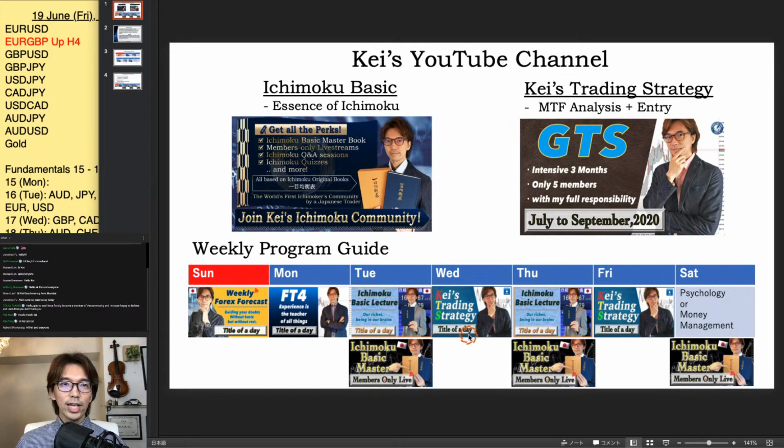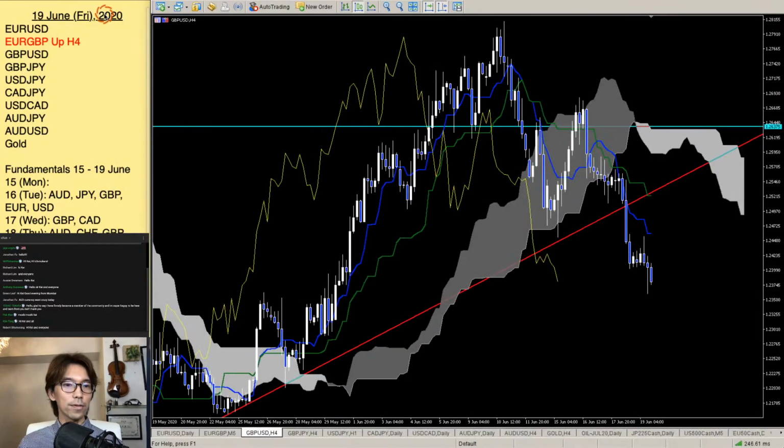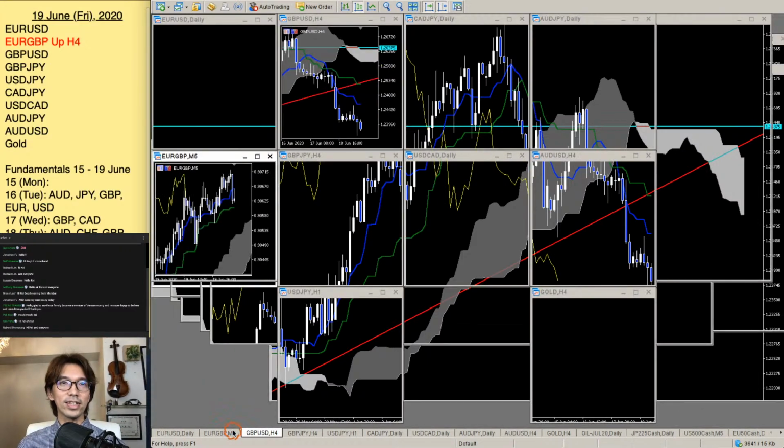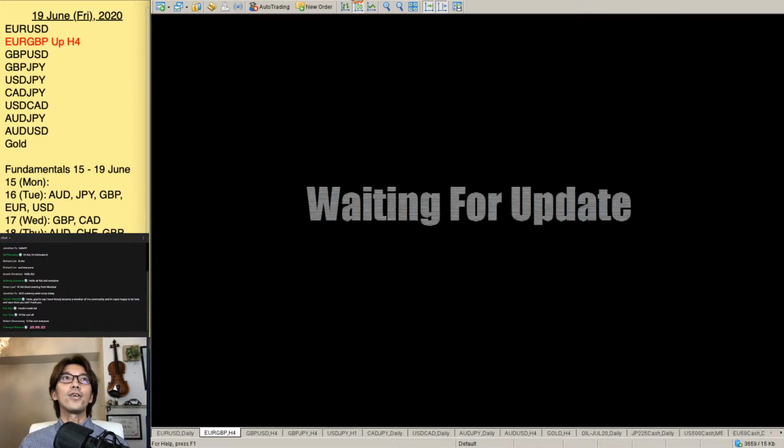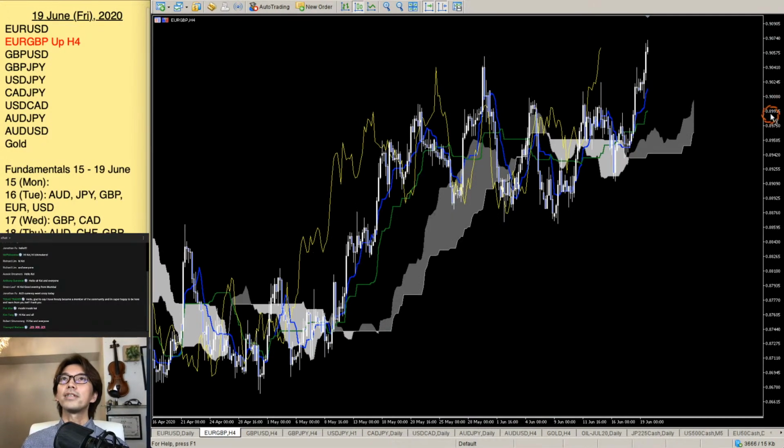Alright, so let's see. Today is the 19th of June on Friday, but I only see this EURGBP to be trending upwards, which is showing right here on this screen. Sorry, not this one. EURGBP is this one. Yeah, in a 4-hour chart it is moving up, right?